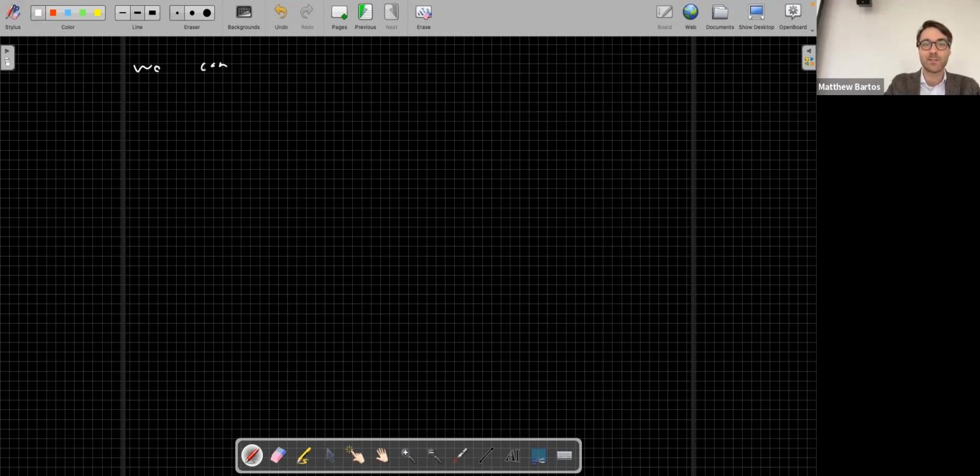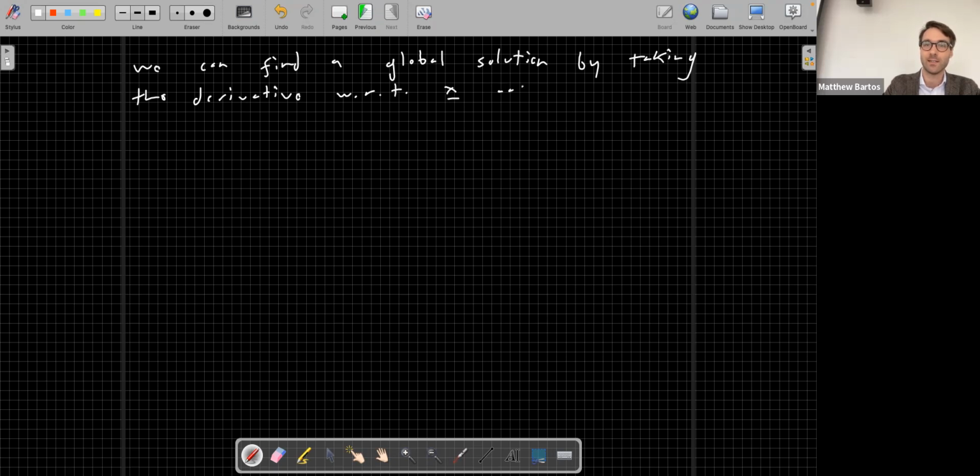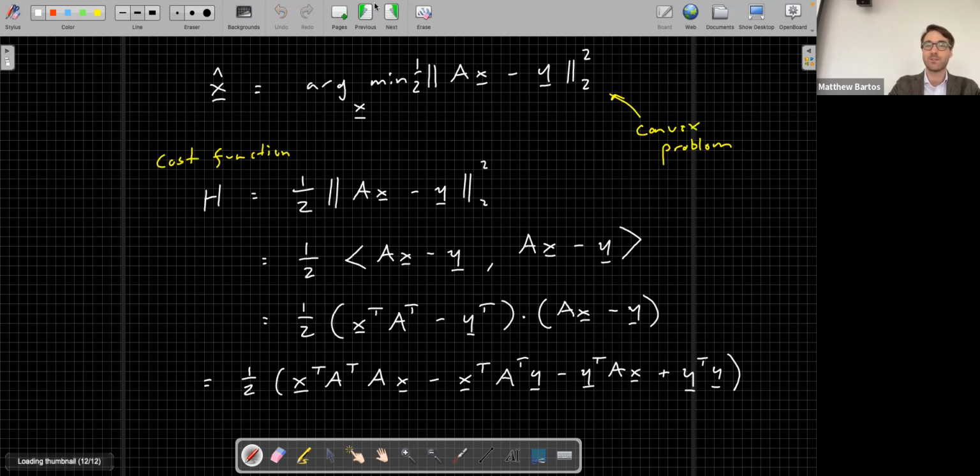So we can find a global solution by taking the derivative with respect to x and setting it equal to 0. And luckily, we wrote down those identities from before, which will make this a lot easier. So we're going to take our cost function h, take the derivative, and set it equal to 0.